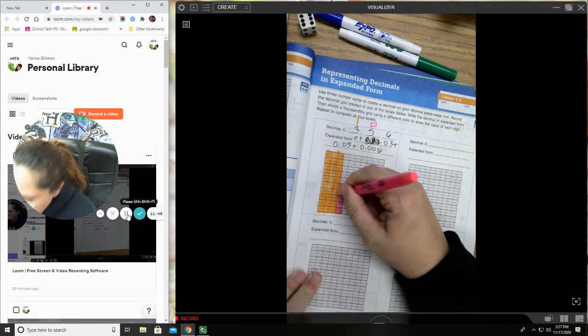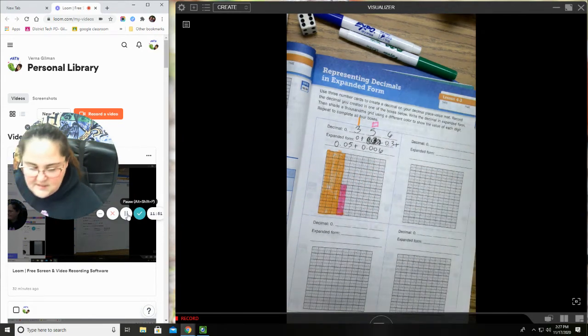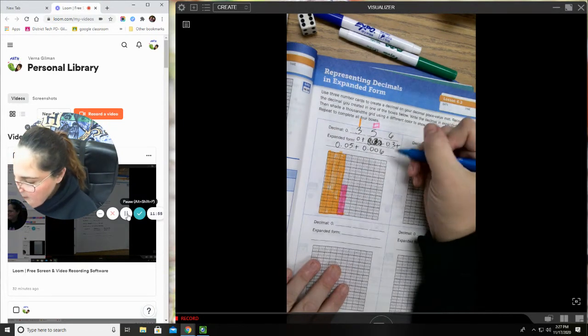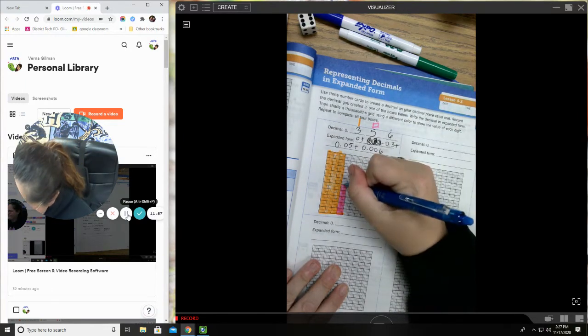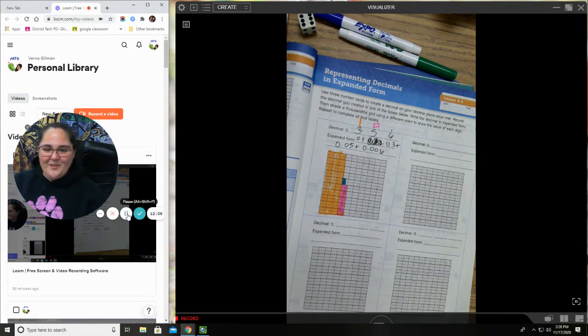All right, there's my hundredths. And I'm going to do my thousandths in, let's do it in blue. 1, 2, 3, 4, 5, 6. There we go. That's how you do that one.